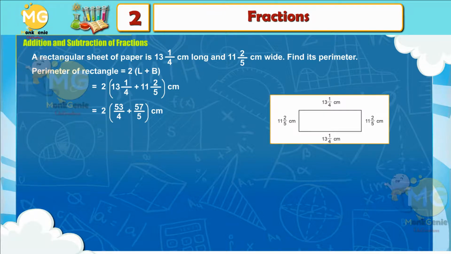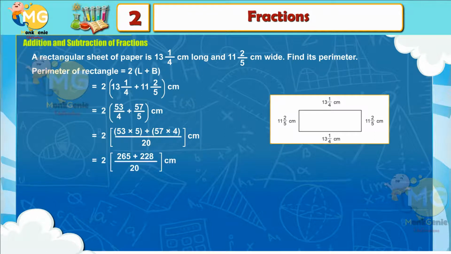(53/4 plus 57/5) centimeter is equal to 2 times (53 multiplied by 5 plus 57 multiplied by 4) upon 20 centimeter, which is equal to 2 times (265 plus 228) upon 20 centimeter, which is equal to 2 multiplied by 493/20 centimeter, which is equal to 493/10 centimeter, which is equal to 49 3/10 centimeter.